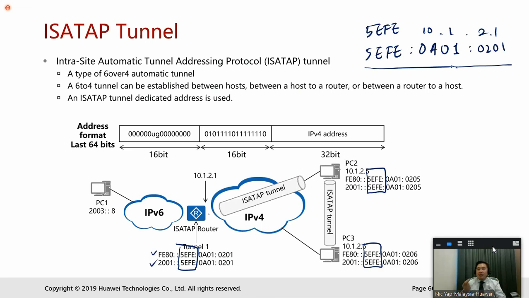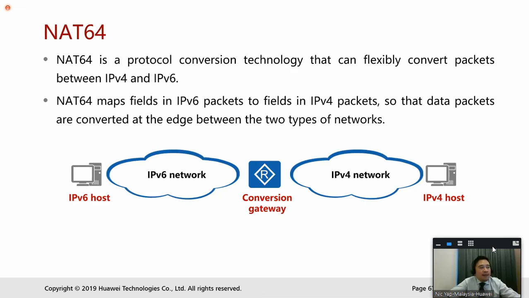This can be done by performing the tunnels through the IPv4 environment. When you have an IPv4 environment, you can specify ISATAP or 6to4 tunnels. And NAT64 is just a protocol conversion technology that can flexibly convert packets between v4 and v6. NAT64 maps fields in the v6 packet to fields in v4, so the data packet is converted on the edge between the two nodes.